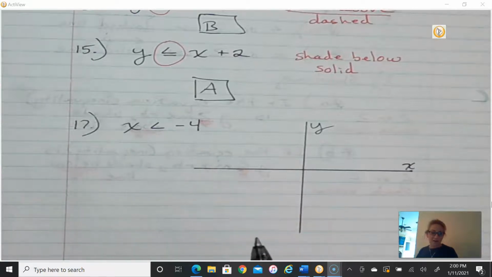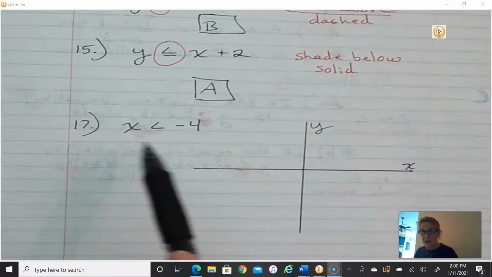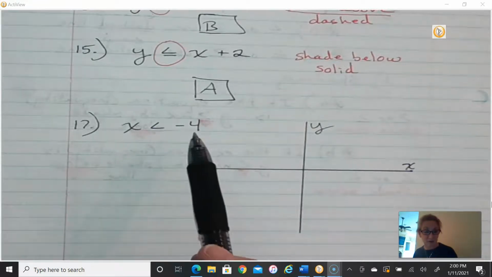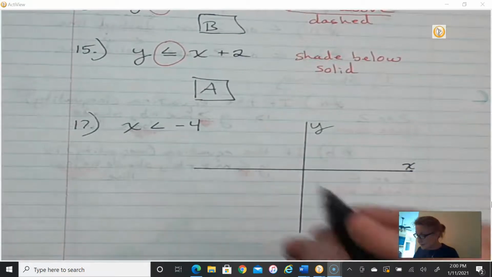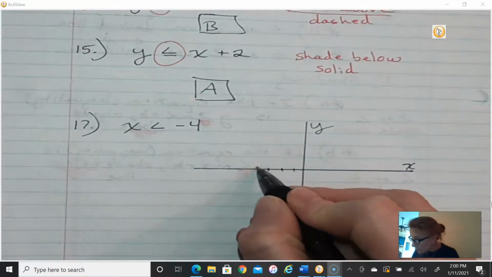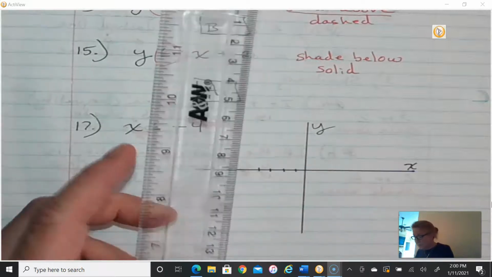Some of you are like, I don't get it, there's no y equals mx plus b. Now think, we have done this before. If it's just x equals -4, how would we do that? Same as we do this. 1, 2, 3, 4. There's -4.